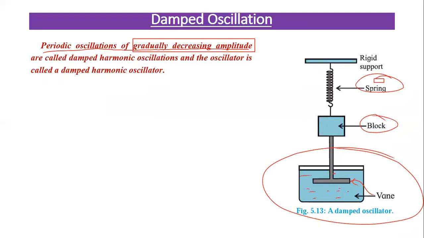But here this vane is there and it is placed in the liquid. So the liquid opposes this motion of the block, which means it produces damping. So the amplitude of the block goes on decreasing gradually. Therefore this type of oscillatory motion of the block is called damped oscillation.